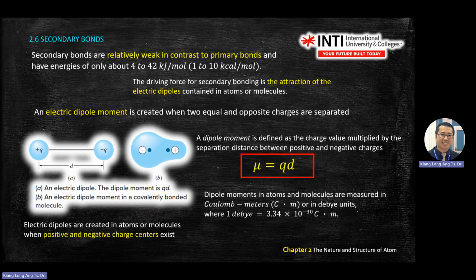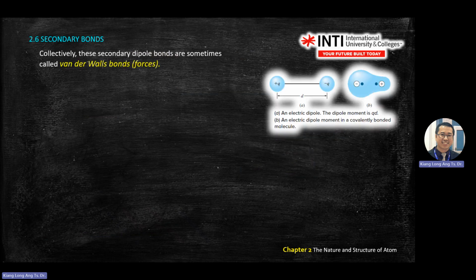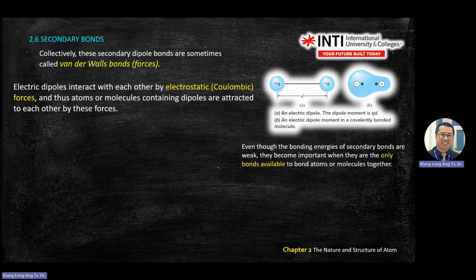Of course, there are some equations using the moment equation: force multiplied by the perpendicular distance gives you the dipole moment. Van der Waals is also a very complex topic, but we won't ask you on Van der Waals.